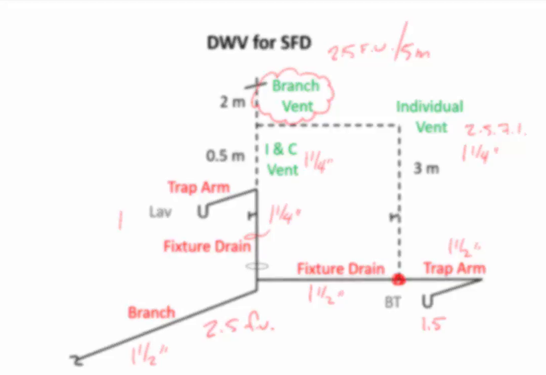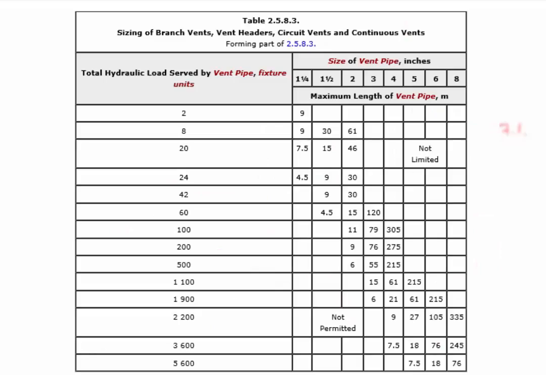On the branch vent table, table 2583, the first column we look down is the vertical column under fixture units served. And we're looking for a number that will meet or exceed how many fixture units we have. We have 2.5 fixture units, so we're going to stop at 8 fixture units and then look horizontally until we find a column that has a length in meters that exceeds the length of our vent in our situation.